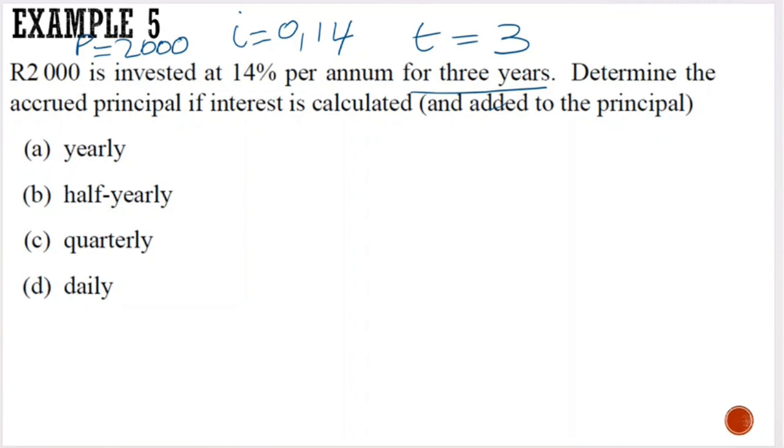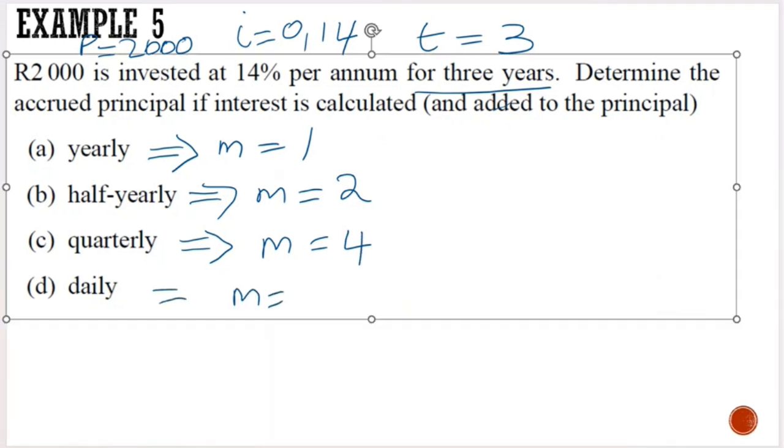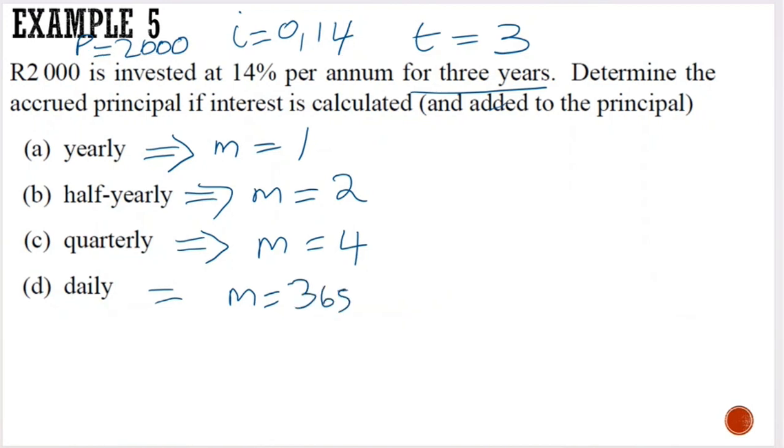When something is compounding yearly, we know that your M is equal to 1. When it's compounding half yearly, that is semi-annually, your M is equal to 2. When it's compounding quarterly, we know that your M is equal to 4. When it's compounding daily, your M is equal to 365.